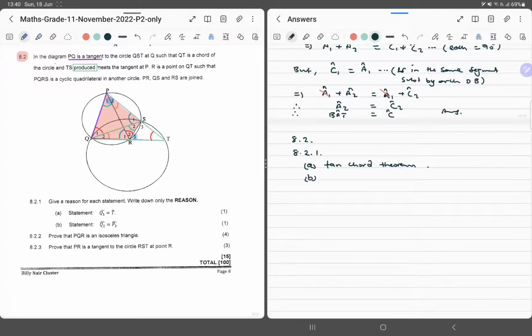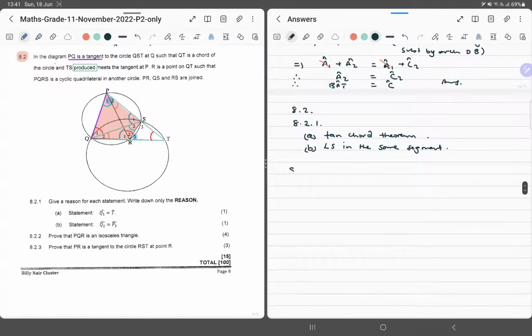Okay, b, Q2 is equal to P2. Yes, we could see that. What is that? These are the angles in the same segment. Okay, leave it like that.